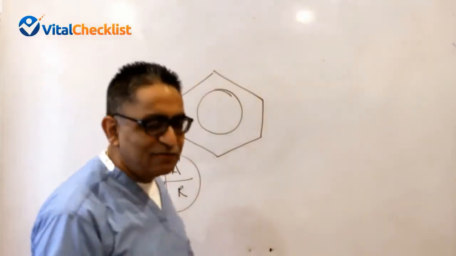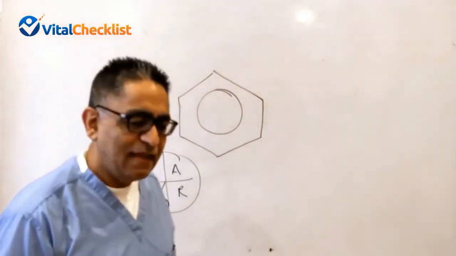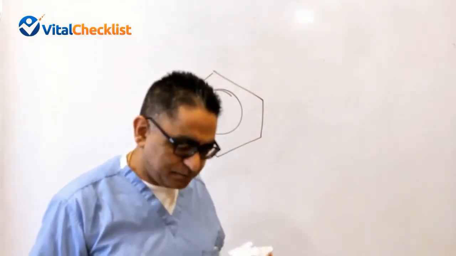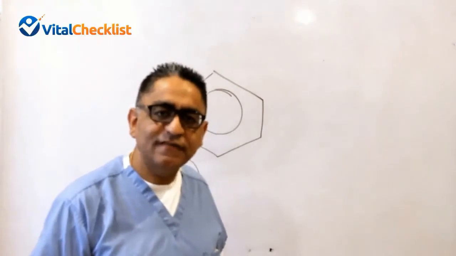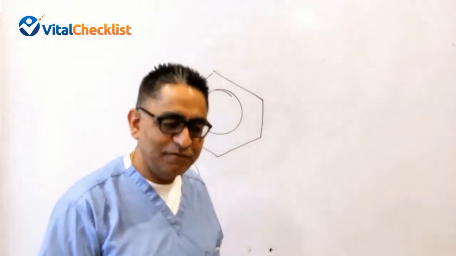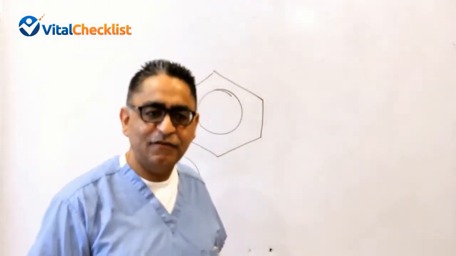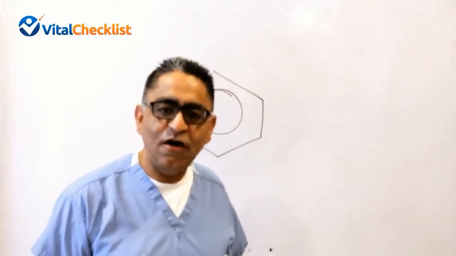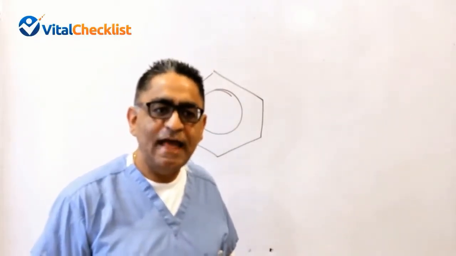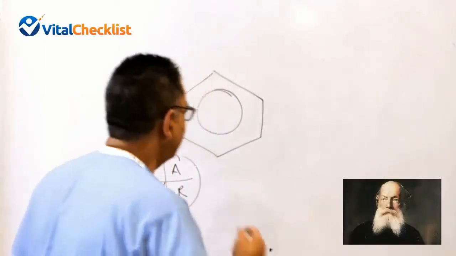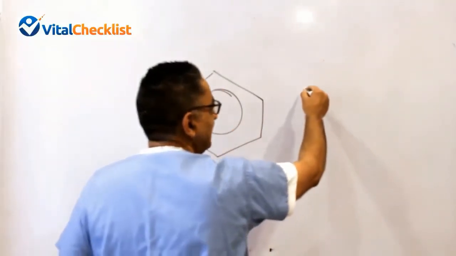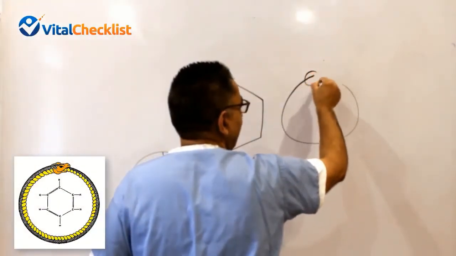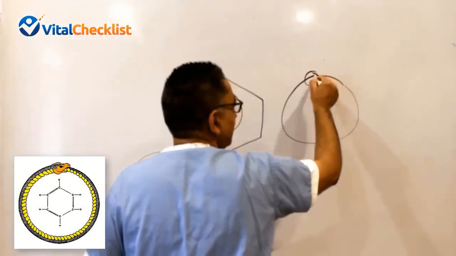So one day I was having a shower, and immediately a thought came to my mind: what if a snake comes out from the drainage system in my shower? And I was reminded of the benzene loop and Kekulé, who developed the benzene loop by thinking of a snake having its tail in its mouth.